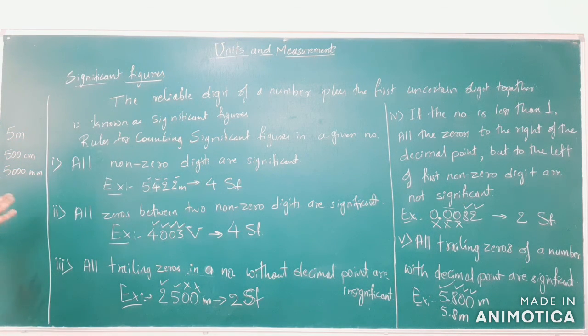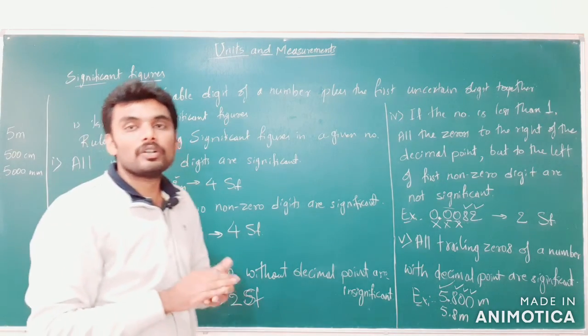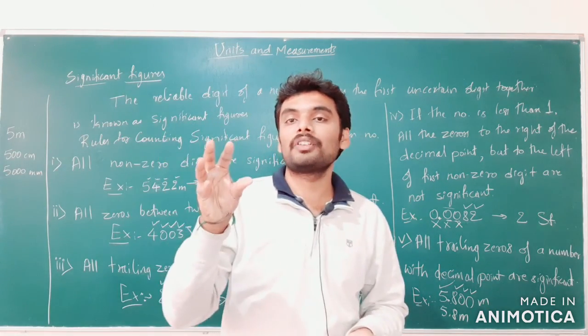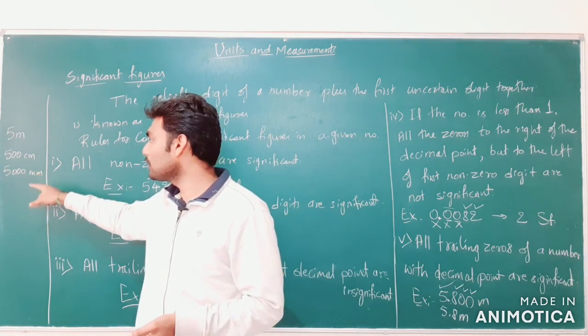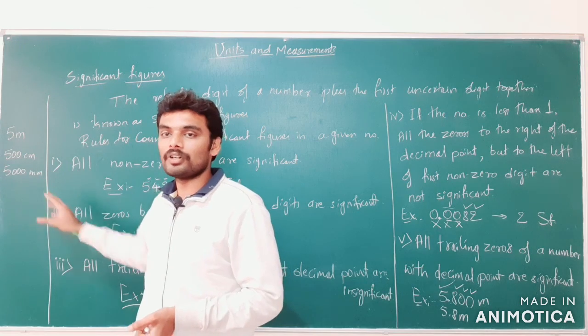Yes, you can write it as such, but what is always suggested is not to put trailing zeros, not to include zeros for the conversion of units. Instead, one should choose to put the powers of 10 to convert the value. Okay, powers of 10 should be used to convert the value.